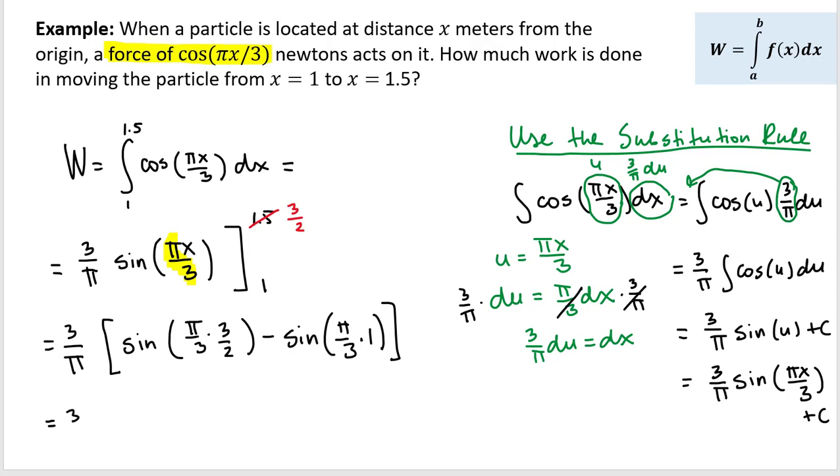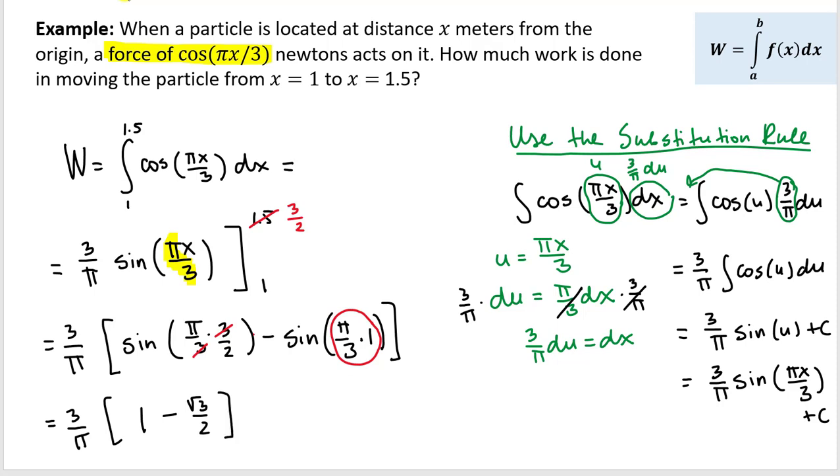Okay, so that's 3 over pi times, I can see that 3 and 3 I can cancel, so it's basically pi over 2. So what is sine of pi over 2? It's 1, and then minus, and here I have just pi over 3. So sine of pi over 3 is square root of 3 over 2.